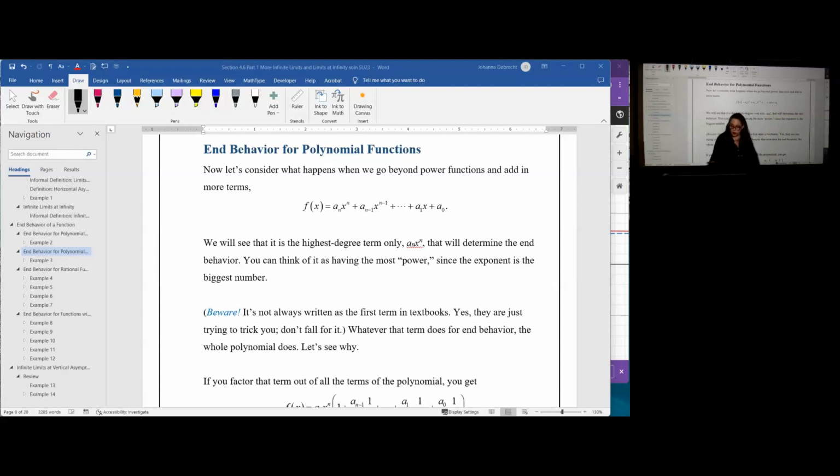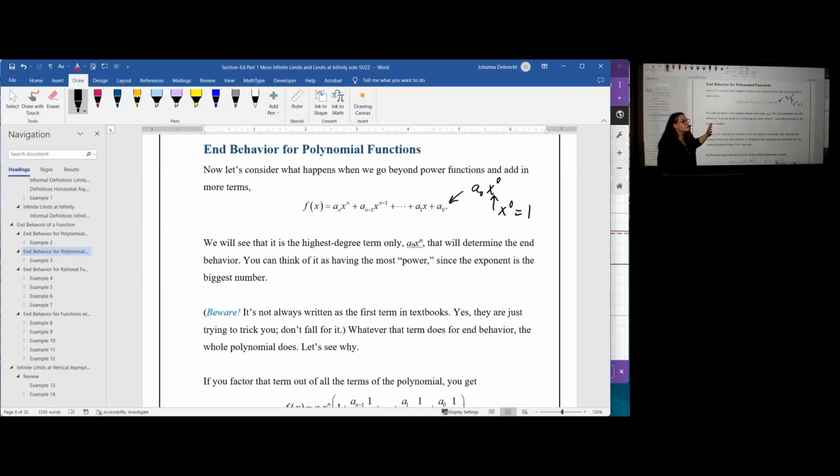The a0, of course, this term, can be written as a0, which is a constant like 5 or pi, x to the 0. Remember that x to the 0 equals the number 1. Any number to the 0th power except 0 is 1. So we can represent this using our rules for polynomials.